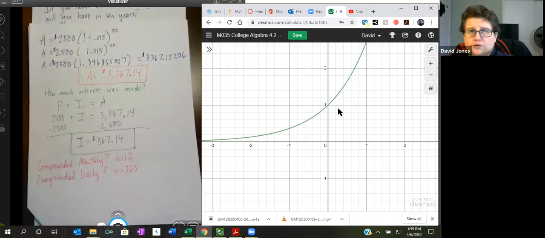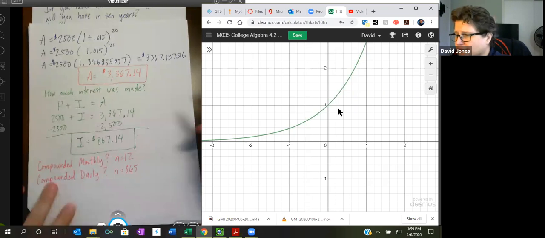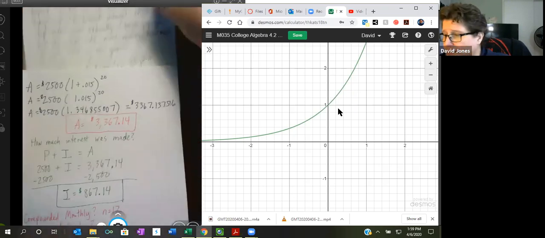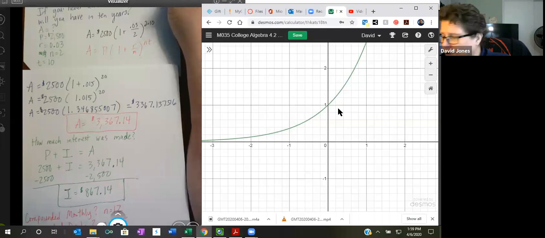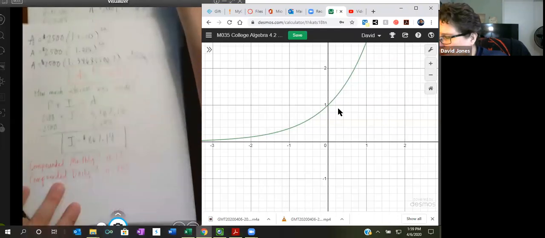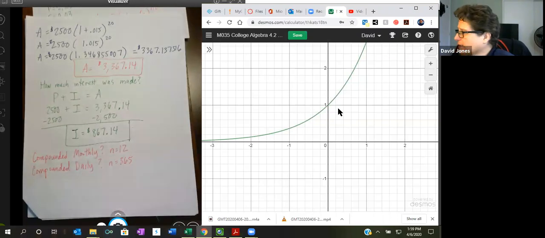You should go through and try working these out. Pause the video, go through this same process we did here, and figure out what the new amounts will be. If you pause it, I'll show you what the new amounts are.